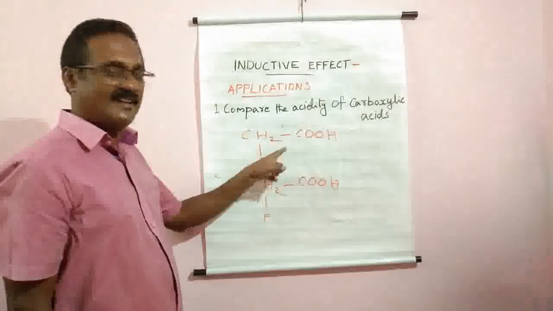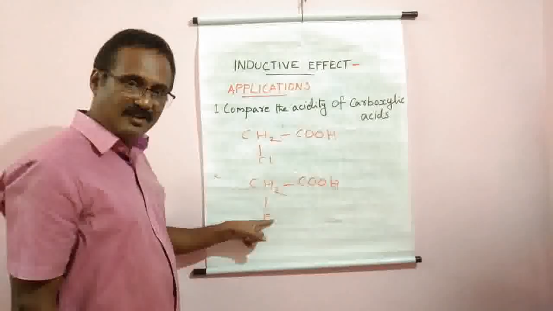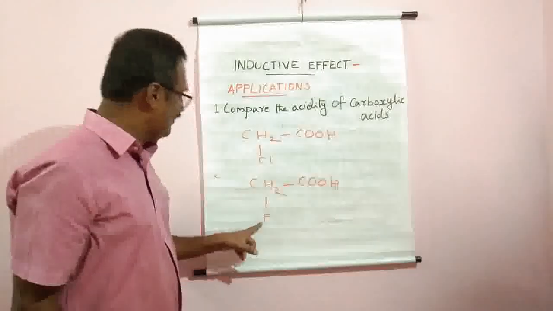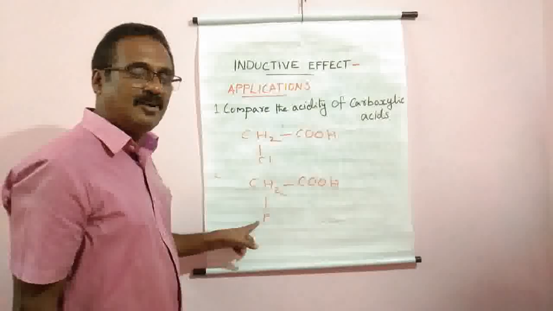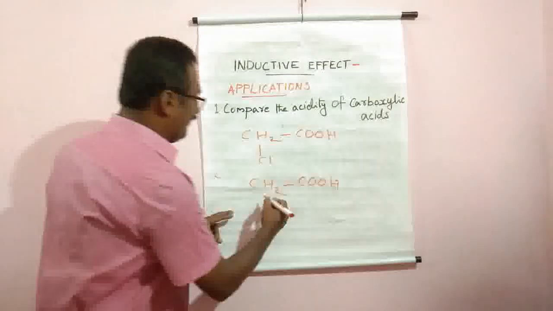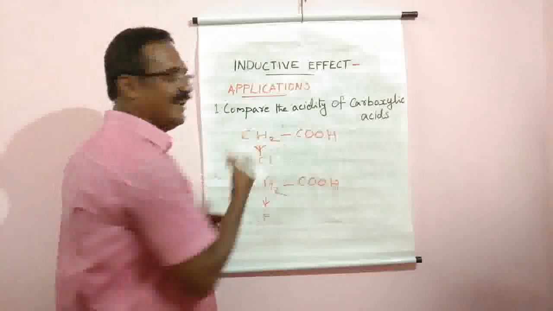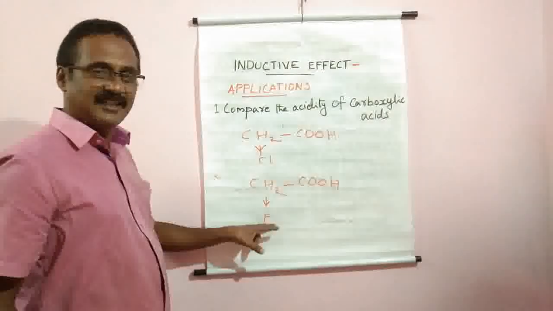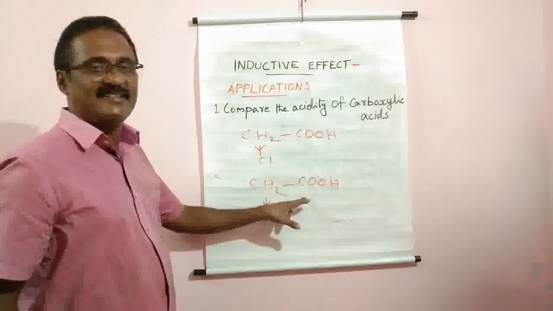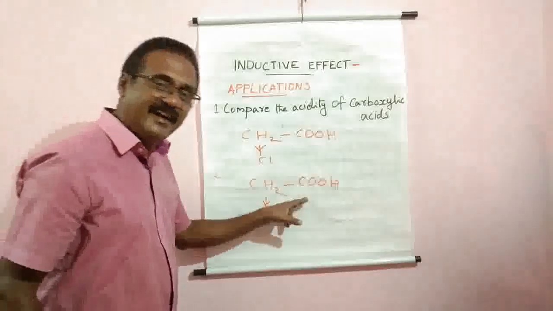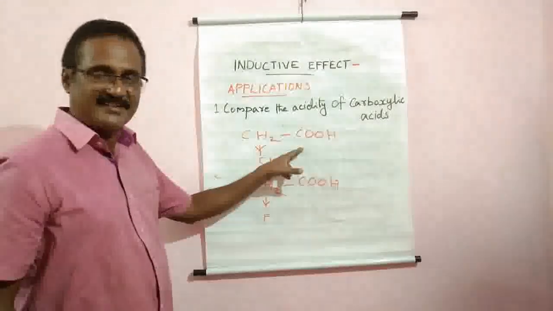Whether chloroacetic acid or fluoroacetic acid? Come on, which is more acidic? Fluorine is more electronegative, having a much higher minus I effect than Cl. Therefore, fluoroacetic acid is more acidic than chloroacetic acid. Okay?